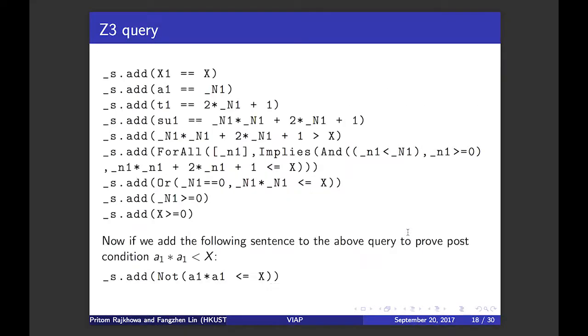From those axioms, we can translate them to Z3 computable axioms, and to prove this post condition, we add the negation of it and query Z3. If Z3 returns unsat, then we can say that VIP has successfully proven the post condition.